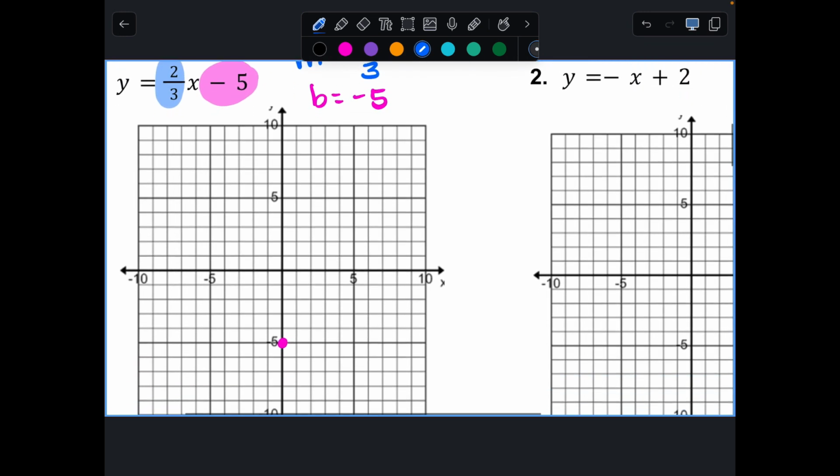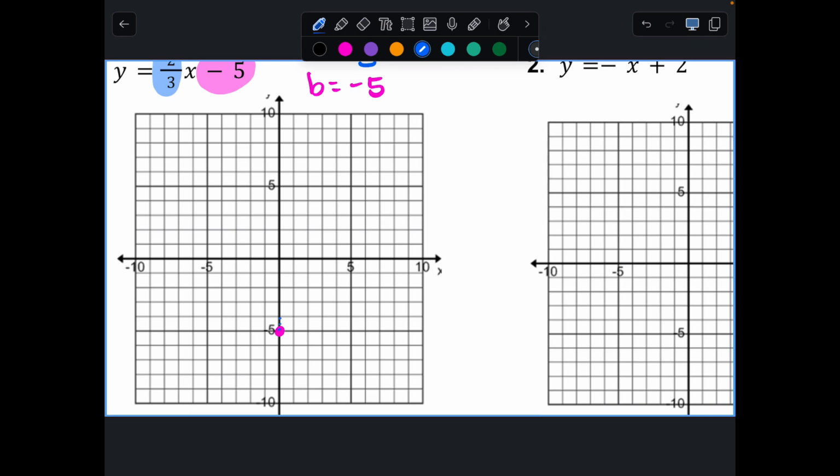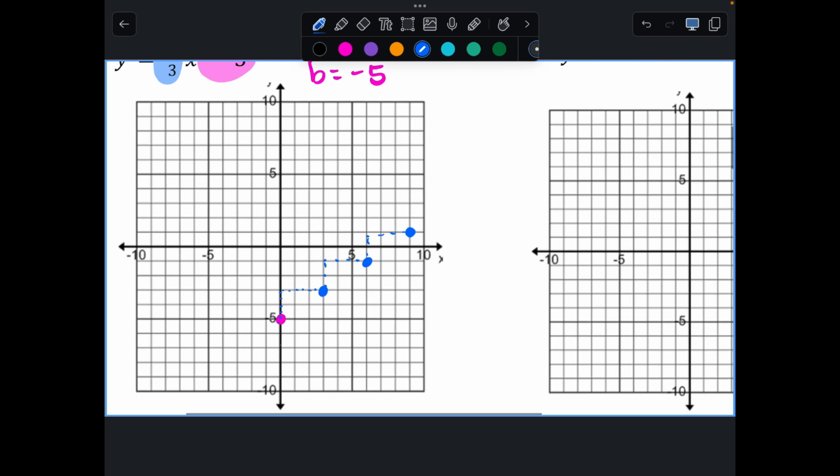Remember, rise over run. So we're going up 2 over 3 to plot the next point. Up 2 over 3, and you do that all the way across the graph. I like to also go back in the opposite direction, following the same pattern, just to make sure I get a really straight line. Once you've plotted all the points you can plot, take your ruler and draw your line.